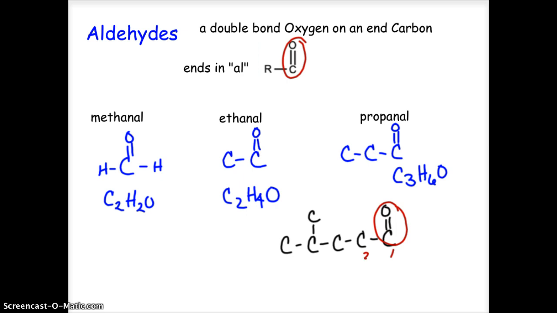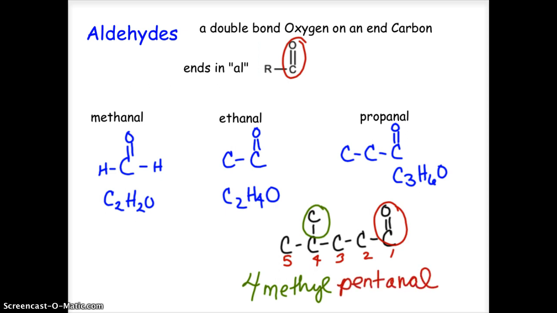So that's first carbon, second carbon, third carbon, fourth carbon, fifth carbon. So this molecule, with a methyl group branching off, would be called 4-methylpentanal, because there are 5 carbons.